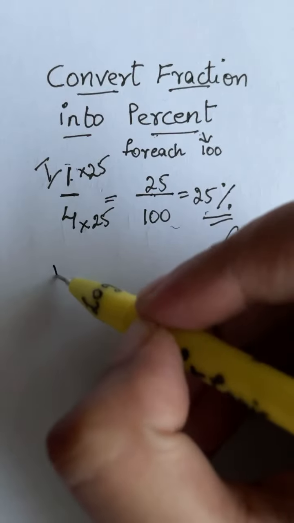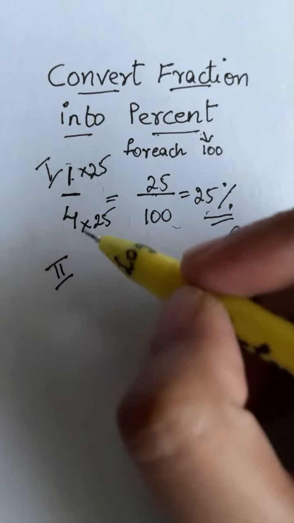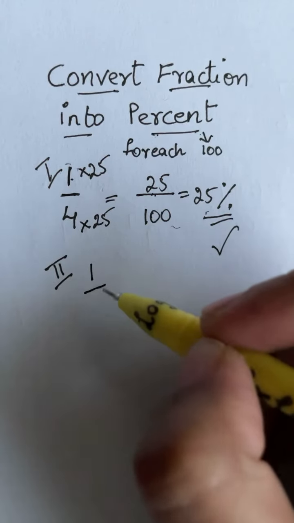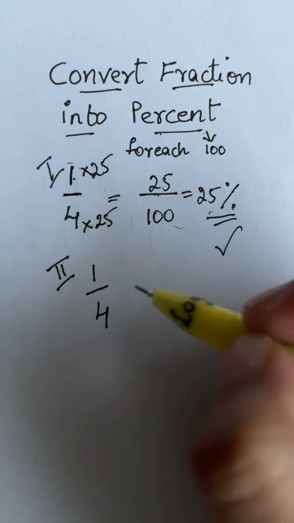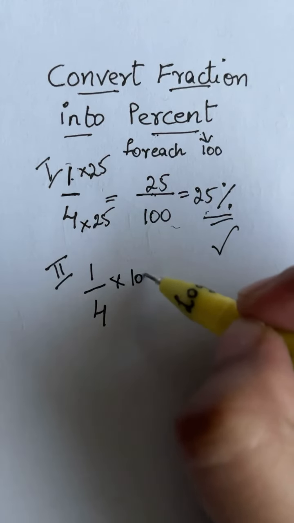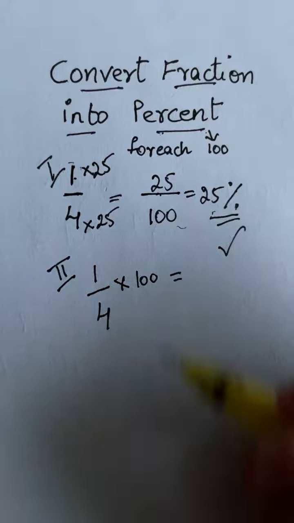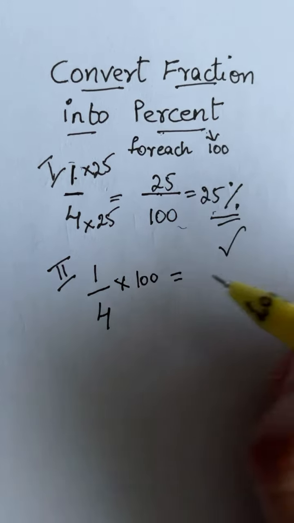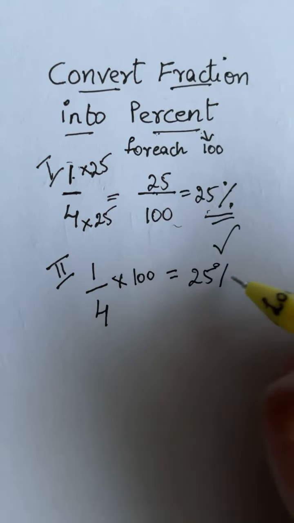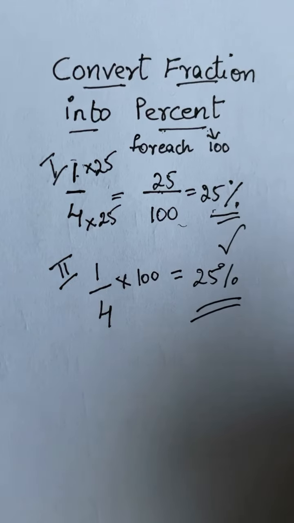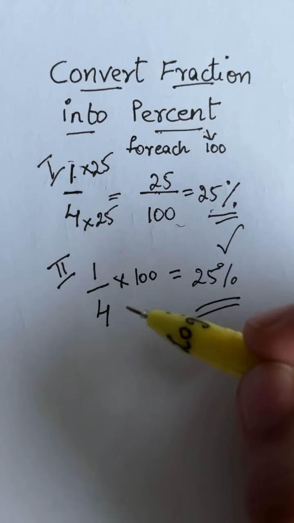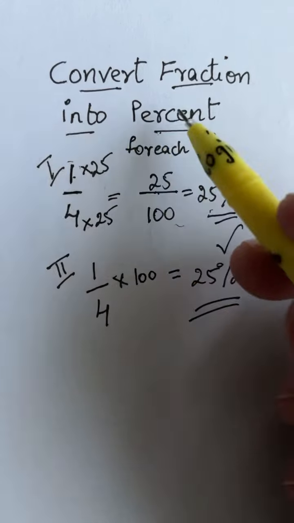There's another method where we can convert fractions to percentages easily. So you have 1/4. You simply multiply by 100. And that's converted. 100 divided by 4 is 25%. Done. So these are the two ways where you can convert a fraction into a percent.